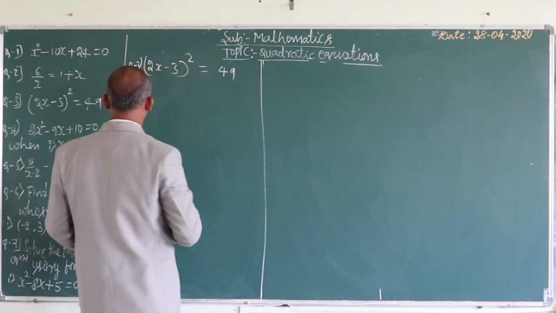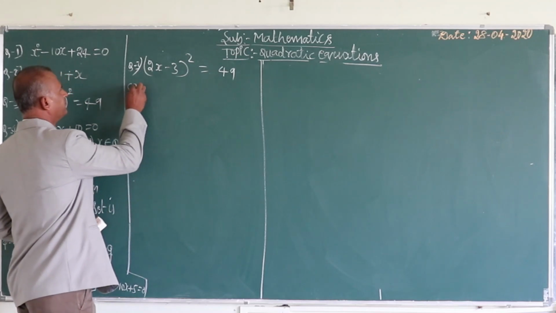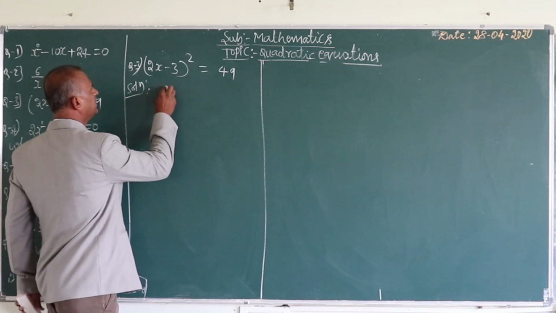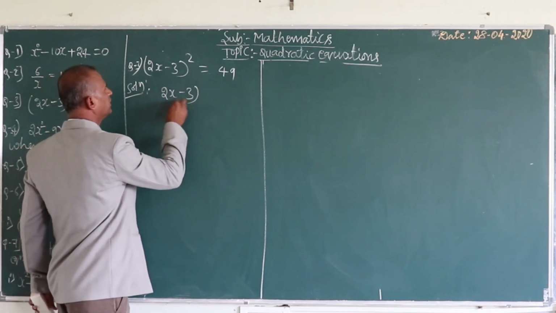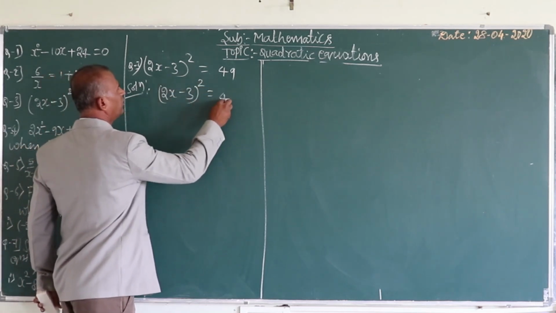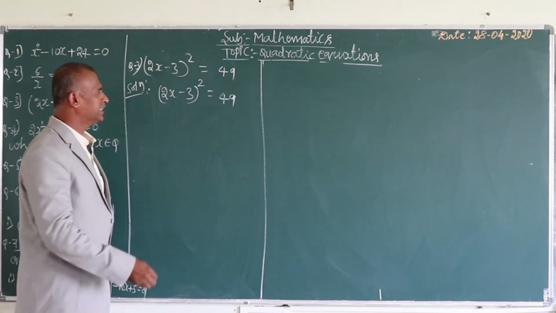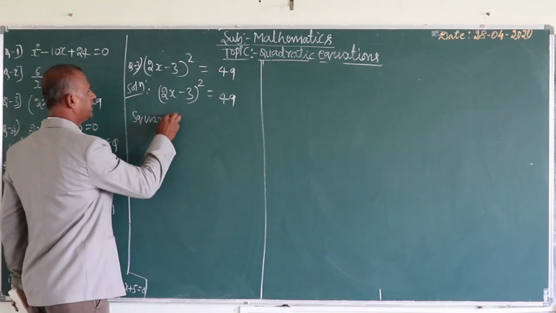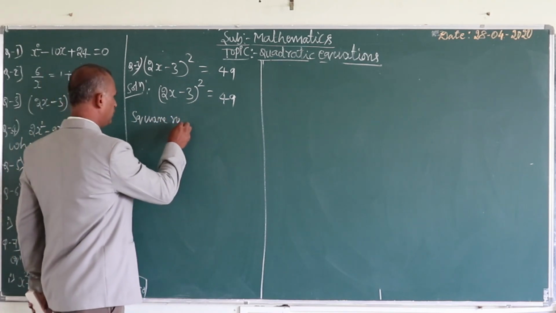First, we write the given quadratic equation as it is: (2x minus 3) whole square is equal to 49. For this we take the square root on both sides.